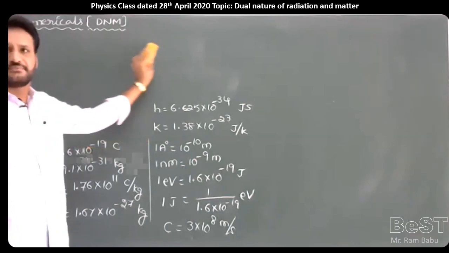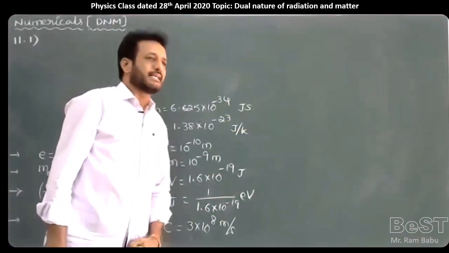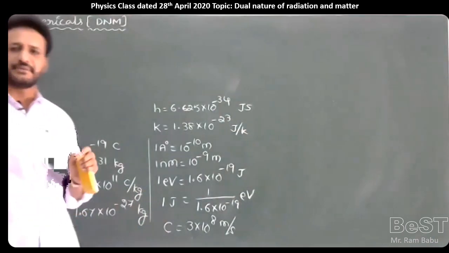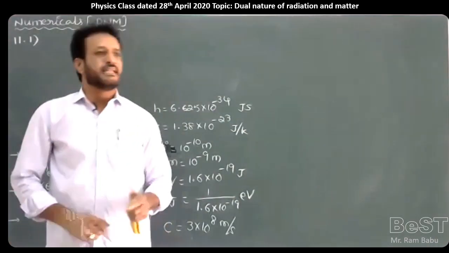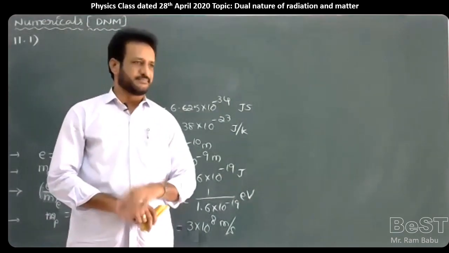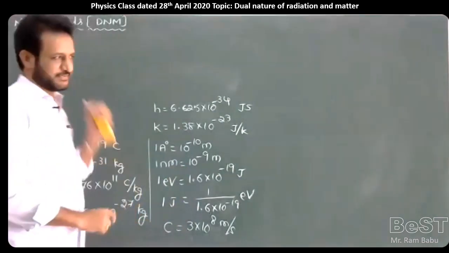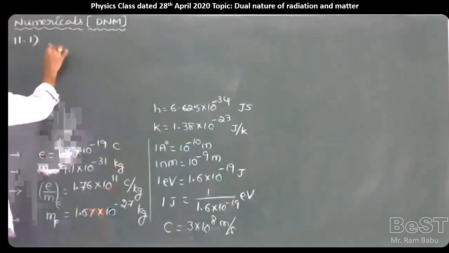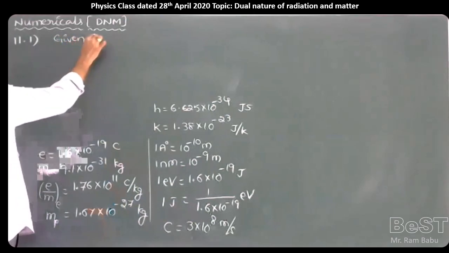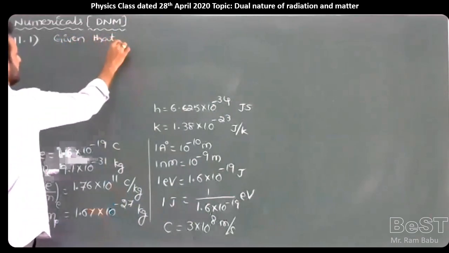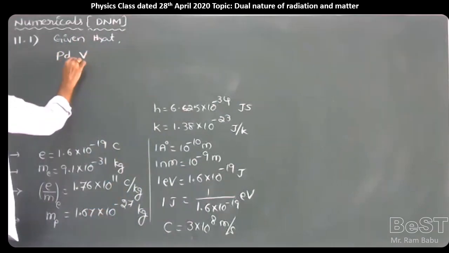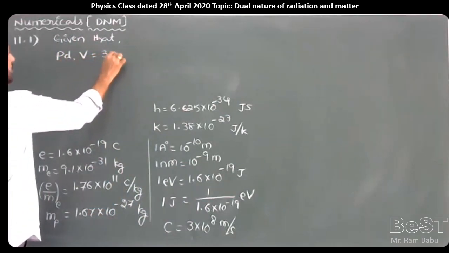They asked to find the maximum frequency and minimum wavelength of 30 kilovolt X-rays. So you should calculate the first problem. The given data, I'll write first here. Given that, potential difference V is equal to 30 kilovolt.